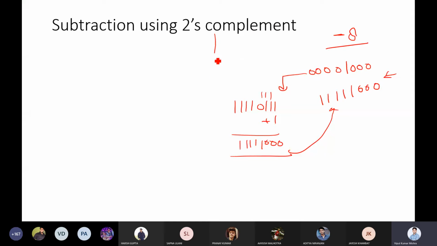Now let us solve another one, that is 5 minus 20. Once you do 5 minus 20 with 2's complement, just do it by yourself. Take 1-2 minutes and try to solve it yourself.